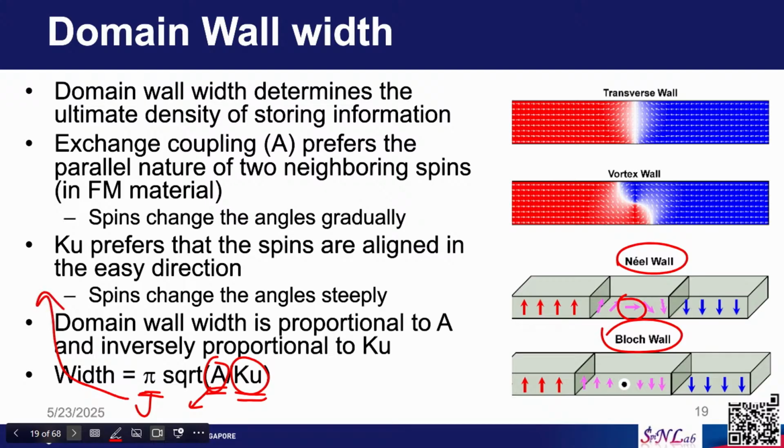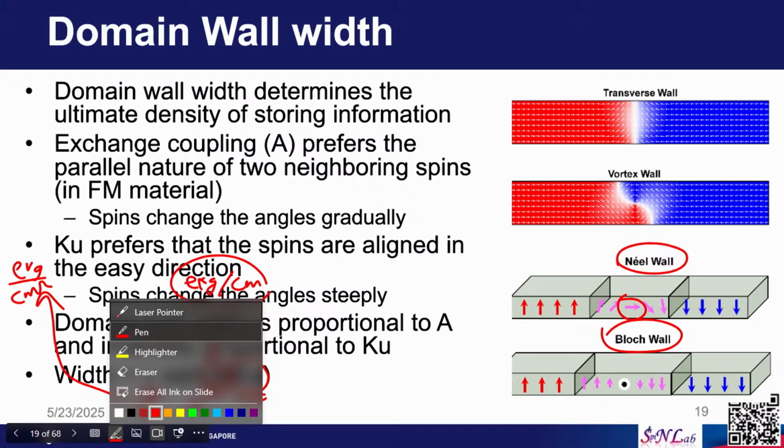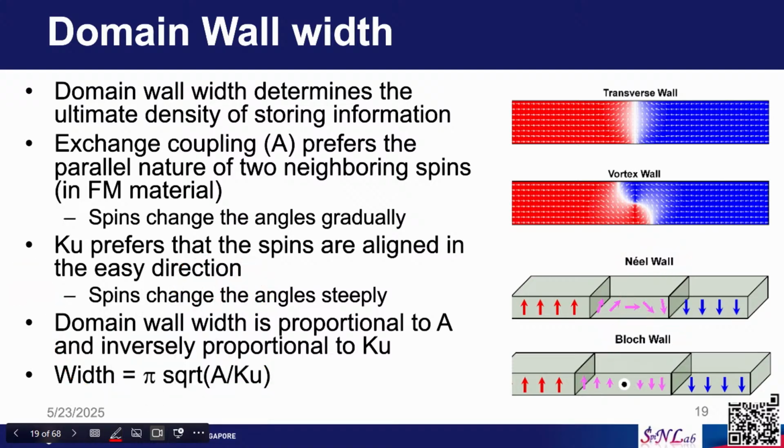Heisenberg exchange integral is energy per area, per centimeter square, something like that. Here we are talking about energy per length, per centimeter. So, that is the difference between J and A, but you can assume that they are almost the same except for what we divide by. Okay. So, why is the domain wall width proportional to the square root of A and inversely proportional to K u?